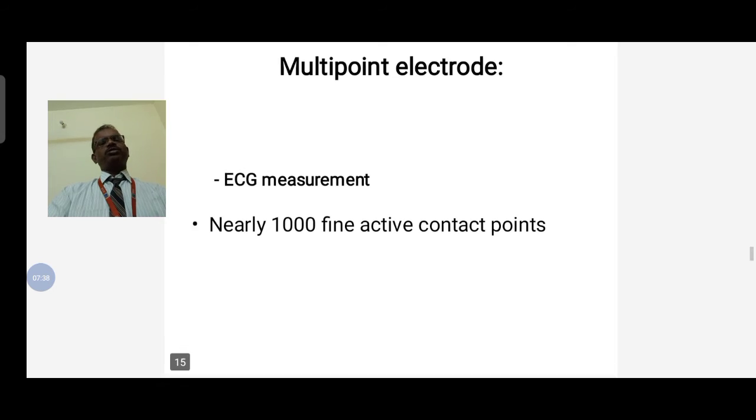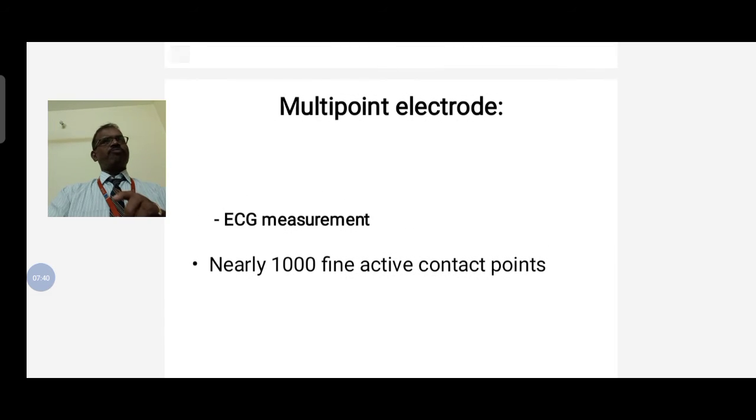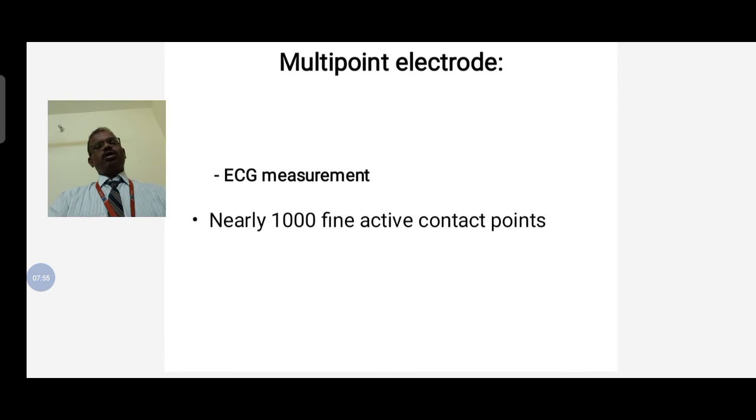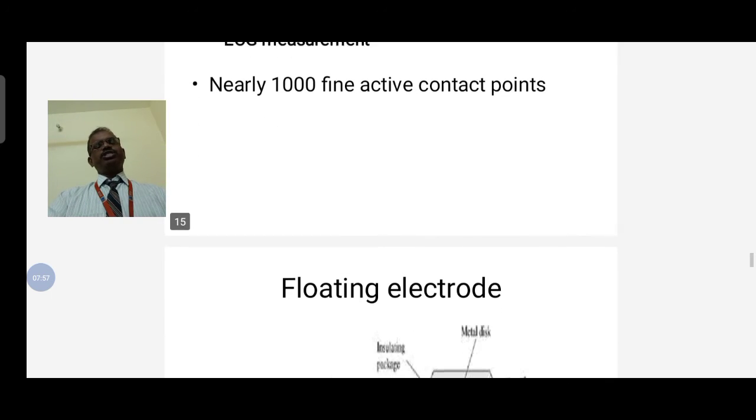Multiple contact points are available for this type of electrode, which makes contact with the human body. These are used for ECG measurement.